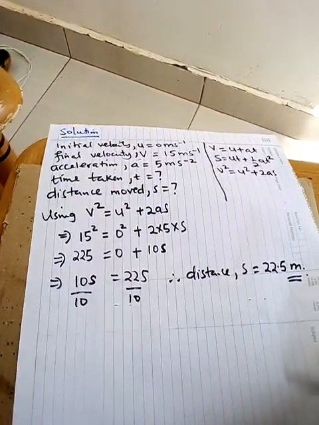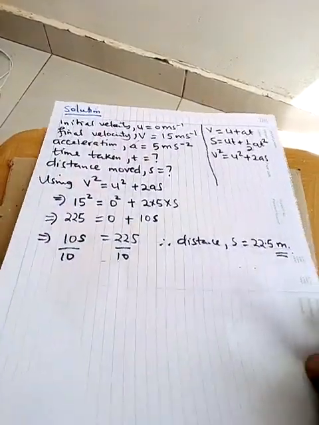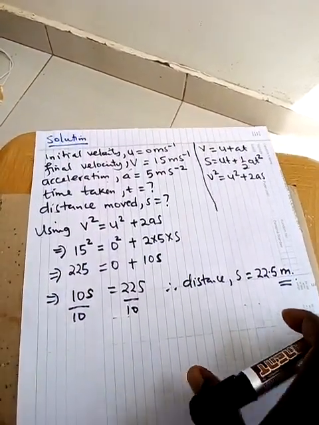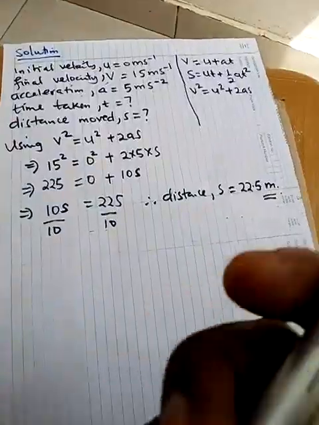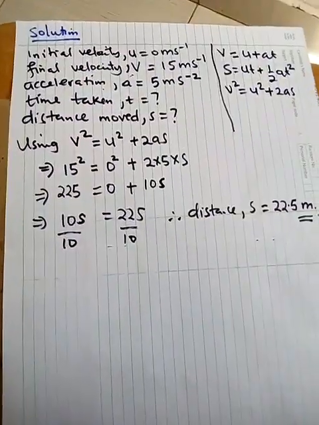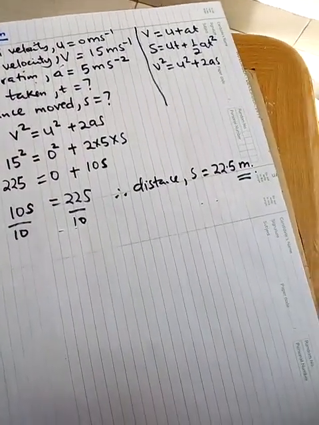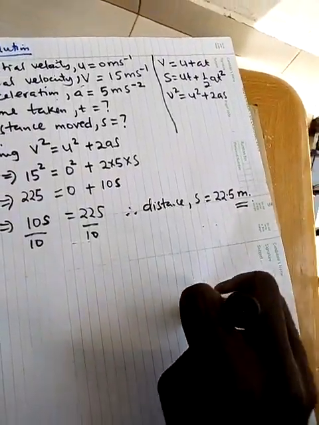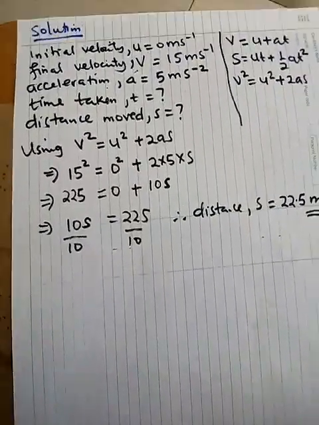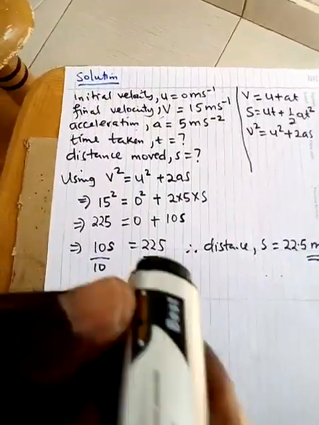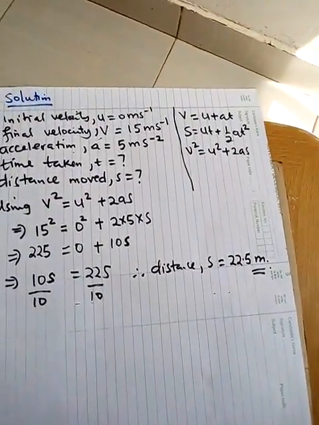No, meters per second squared is for acceleration, and meters is for distance or displacement. From the first part of linear motion, we did give the units of all these common terms used, and for distance we gave it as meters.